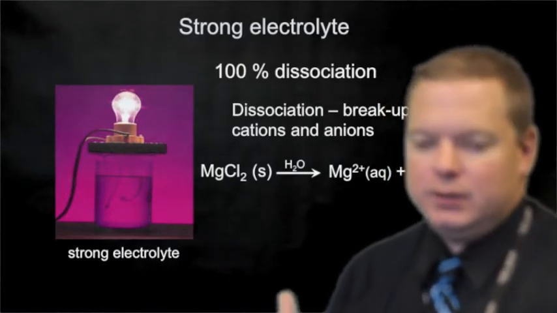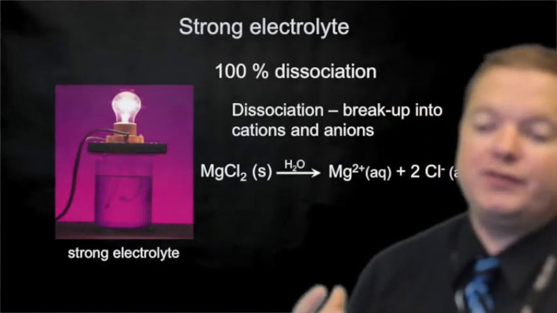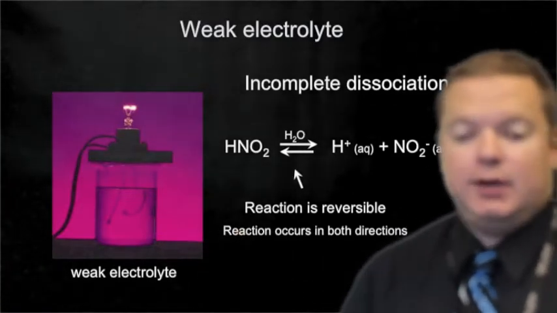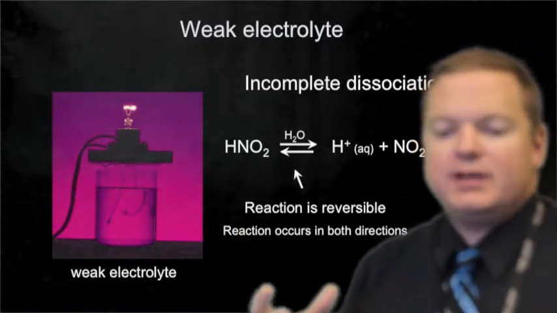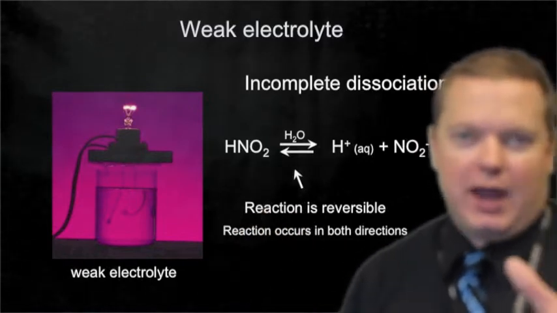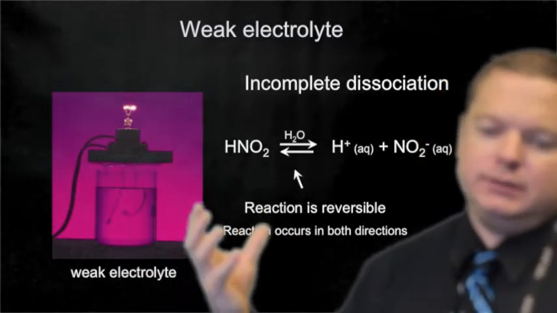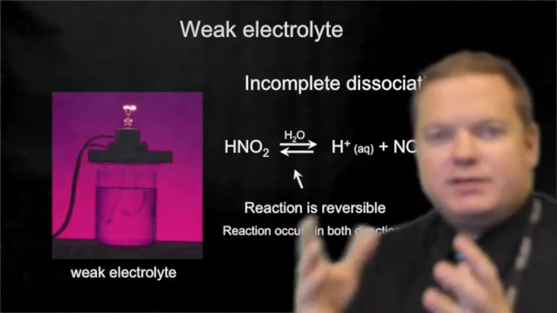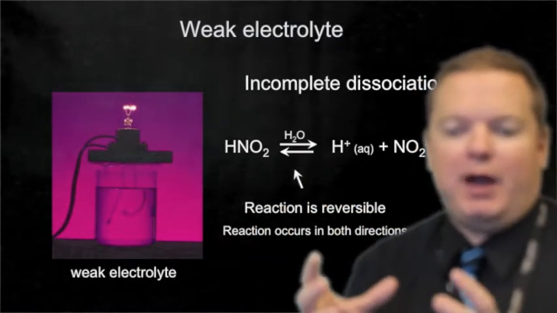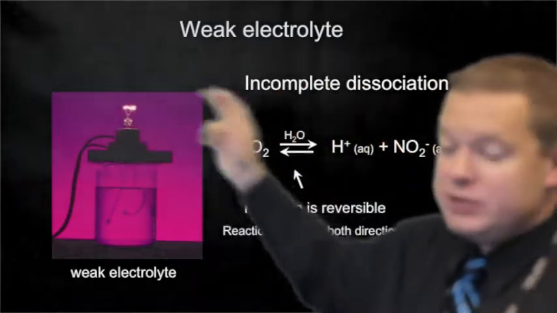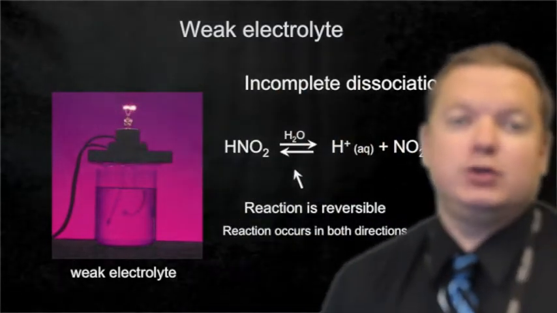If we dissolve something that doesn't break apart well, such as nitrous acid here, when it goes into solution, some of it will break apart into H+ and NO2-, but some of it will stay together as the nitrous acid compound, HNO2. So all 3 of these species are present in the solution.